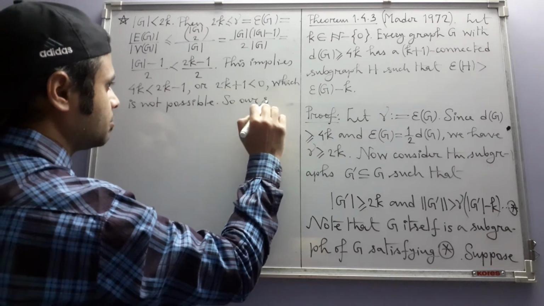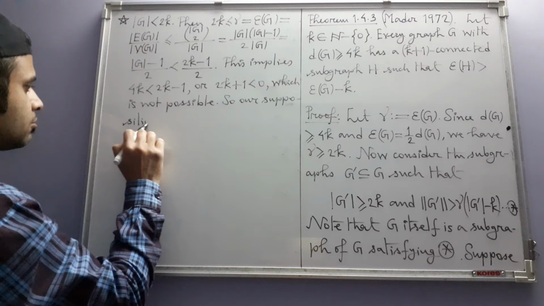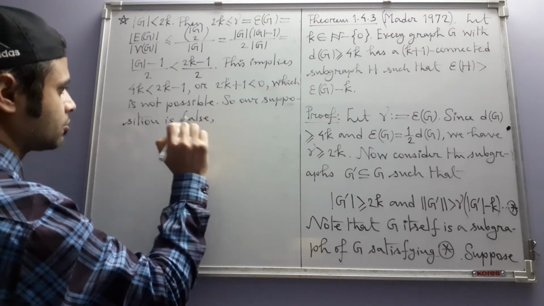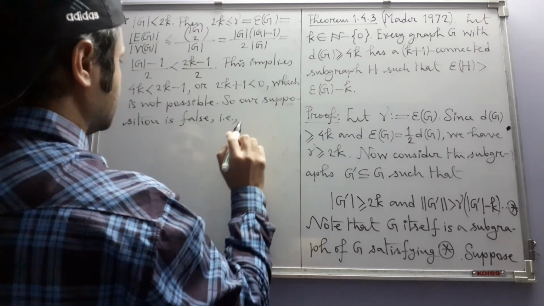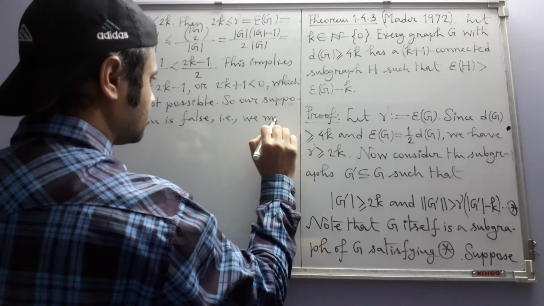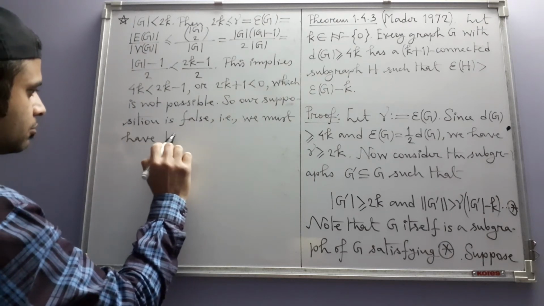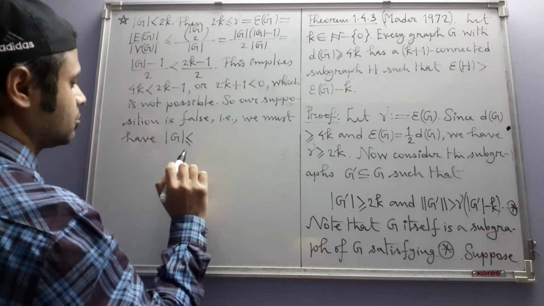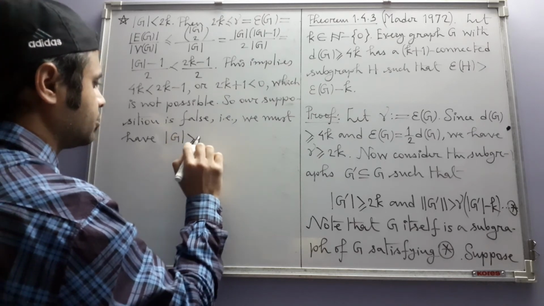So our supposition is false. Supposition means this one, that is, we must have order of G greater than or equal to 2k.